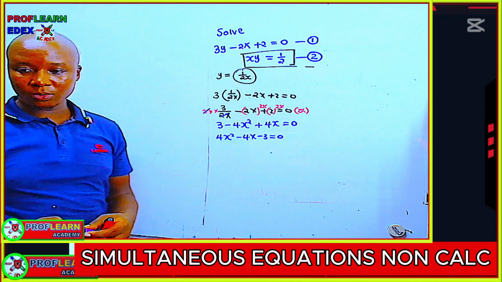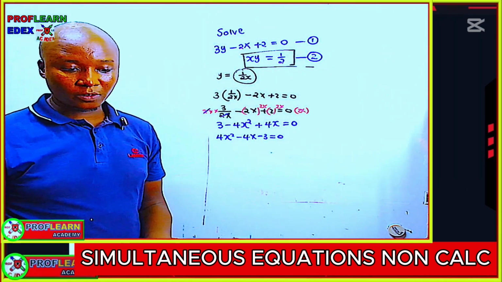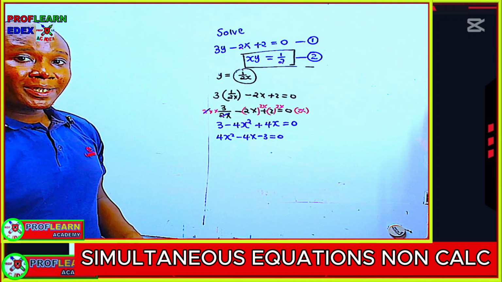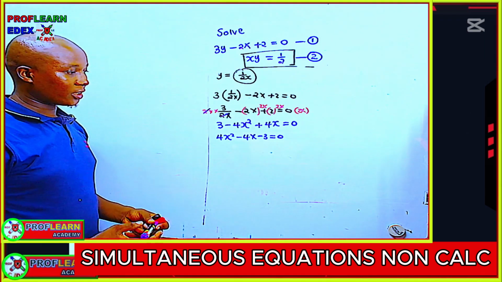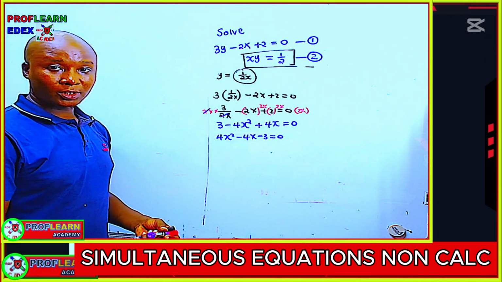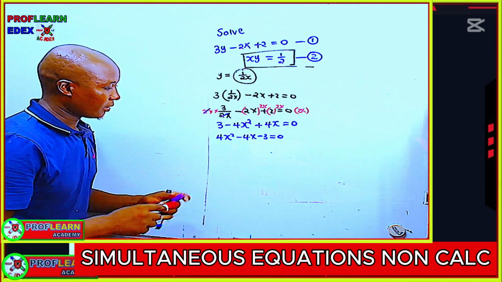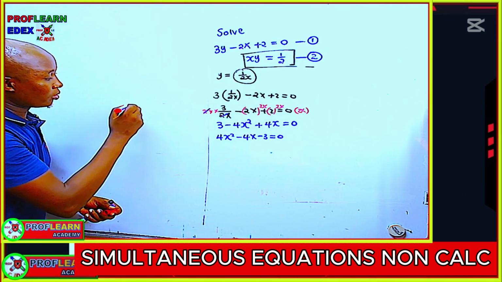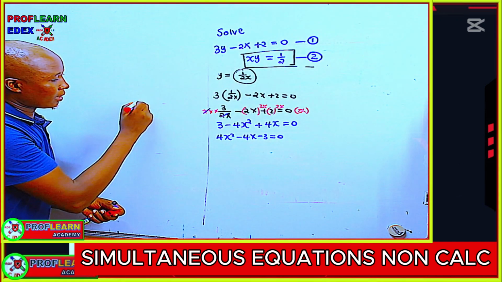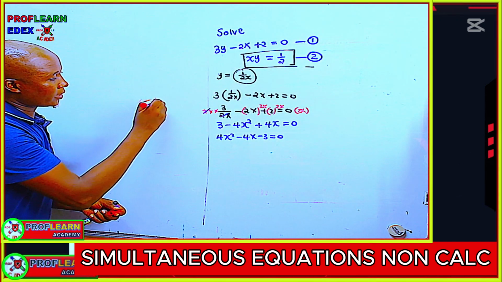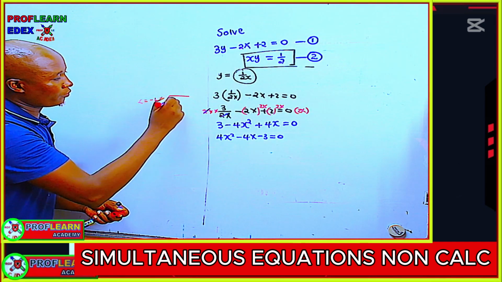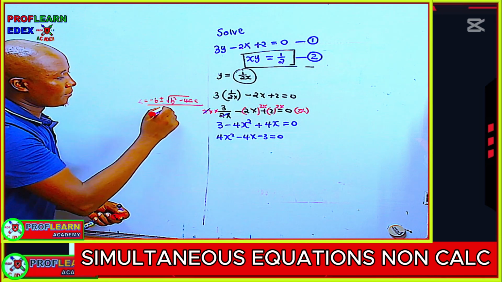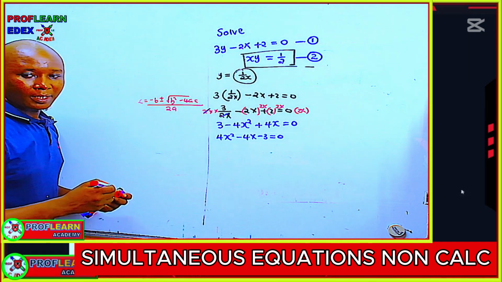So this is the equation that we need to solve. You can use factorization or the quadratic formula. For simplicity here, we're going to use the quadratic formula, where x is equal to minus b plus or minus the square root of b squared minus 4ac, all over 2a.